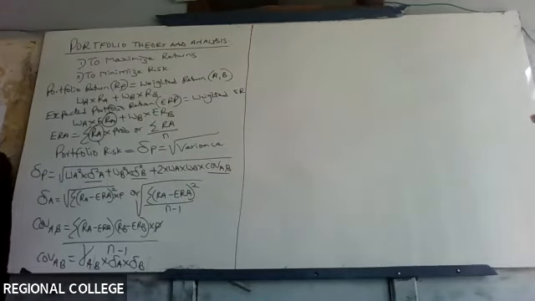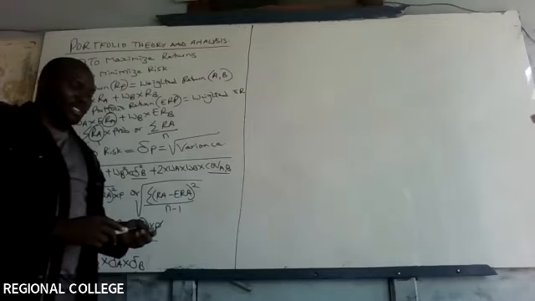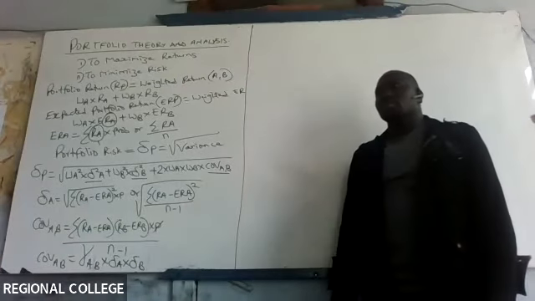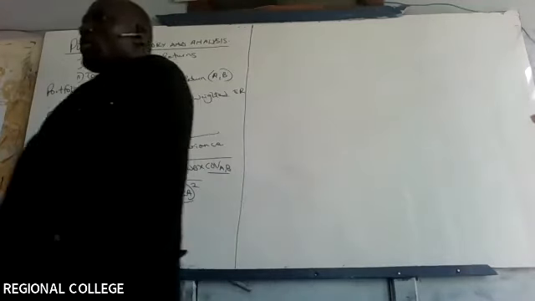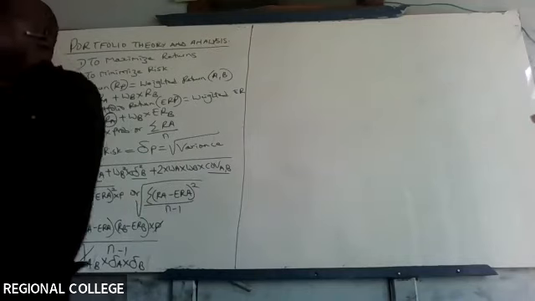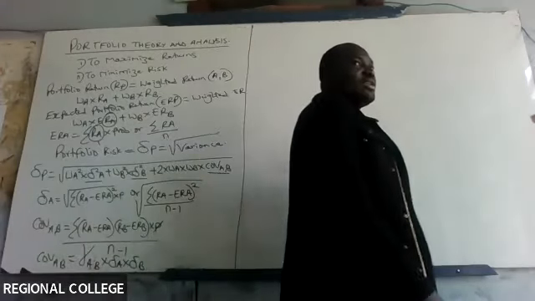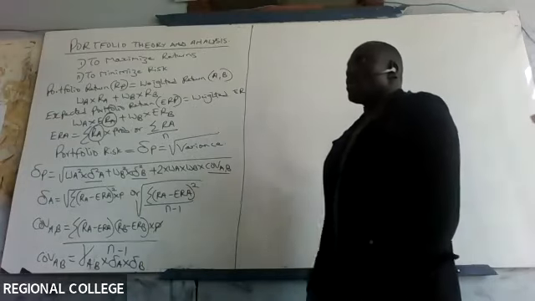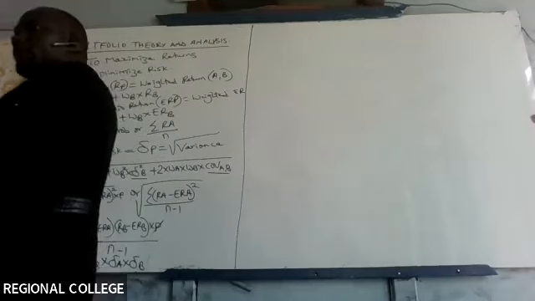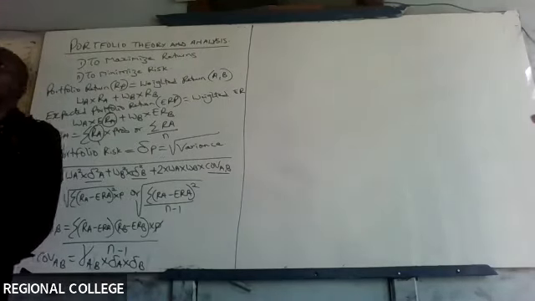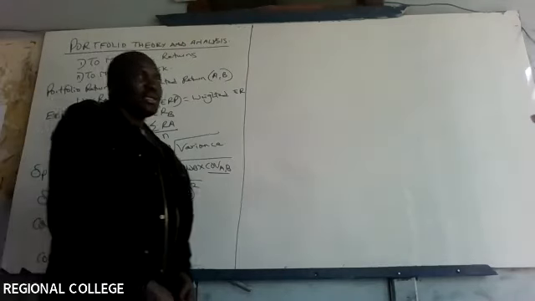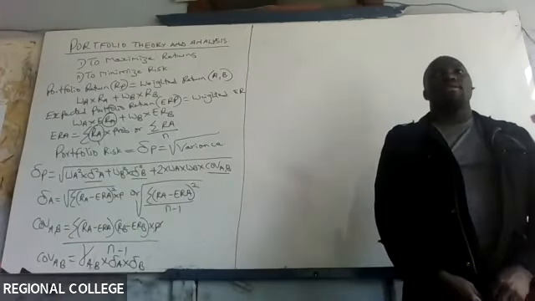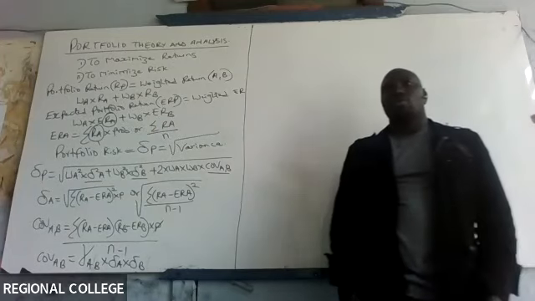The next point: calculate the proportions of assets in a two-asset portfolio that would minimize the portfolio risk, where standard deviation equals 0.